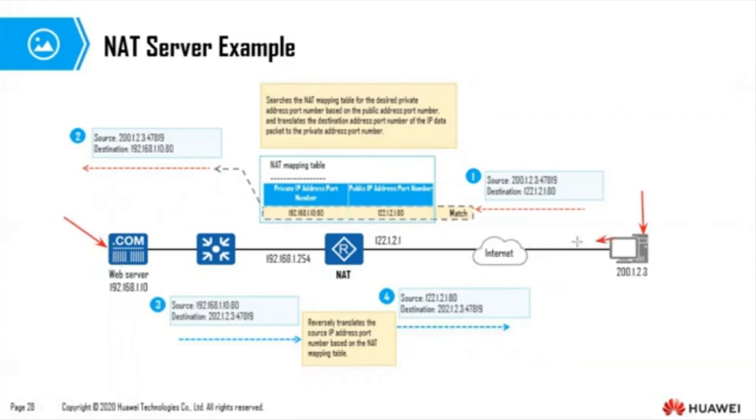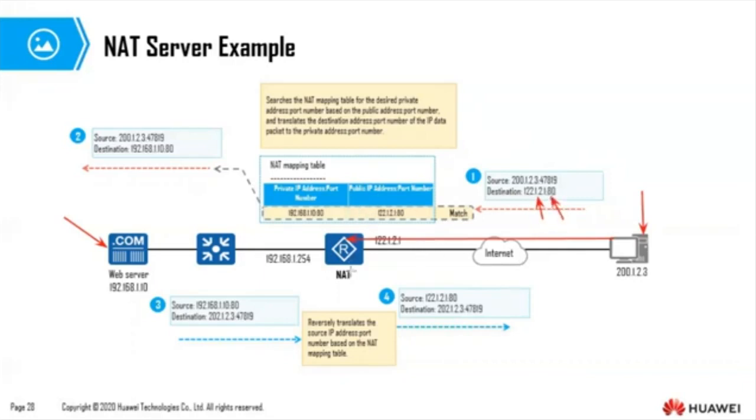So this guy will send a request. The destination IP address, mmu.ac.ke, will be translated to a public IP address using a technology we call DNS. We're going to discuss that later. So destination 122.1.2.1, port number 80.